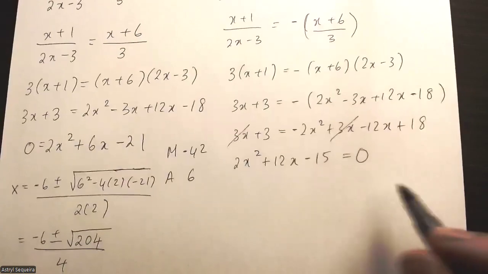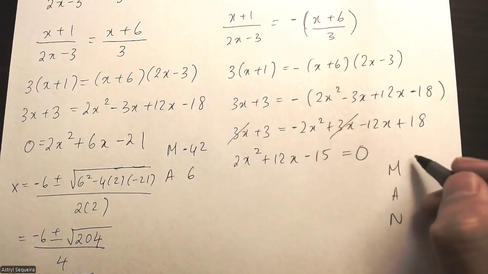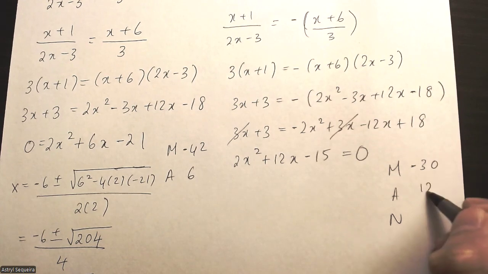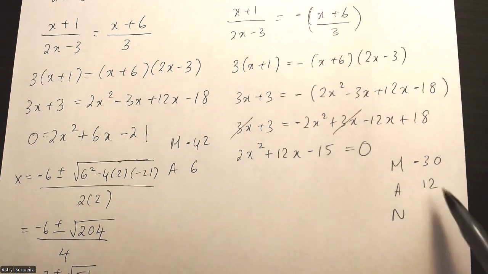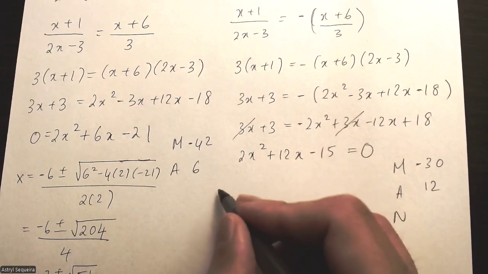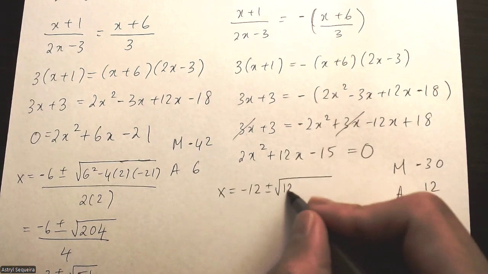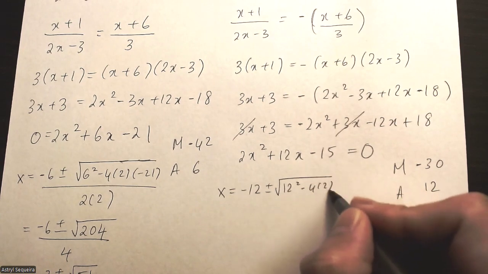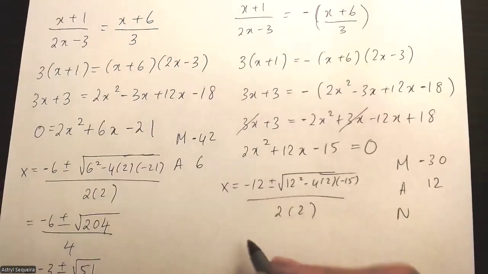Equals 0. So now again, I can try to factor this. My m is negative 30. My a is 12. 5 and 6 doesn't work. 10, 3, nothing really works here again for your factoring method. So again, we're doing the quadratic formula over here. Negative 12 plus or minus root of 12 squared minus 4 times 2 times negative 15, divided by 2 times 2.